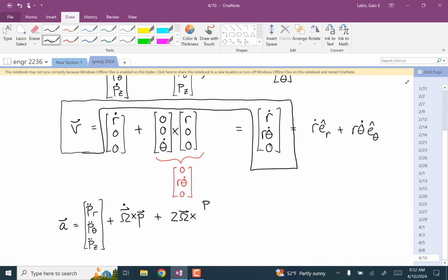That should be P dot. Plus omega cross quantity omega cross P.